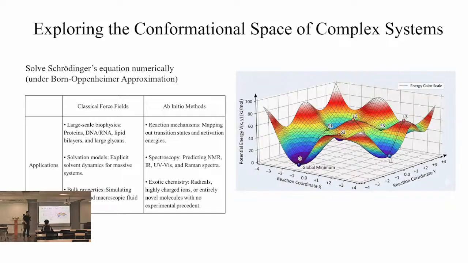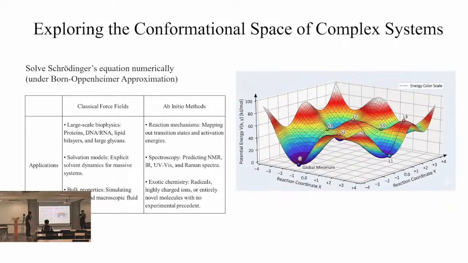Classical force fields are usually used for larger systems and longer time scales. This is quite important when we try to predict the bulk properties of materials. They are very popular in that aspect, as well as for liquid systems.